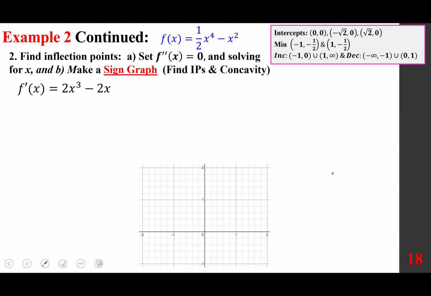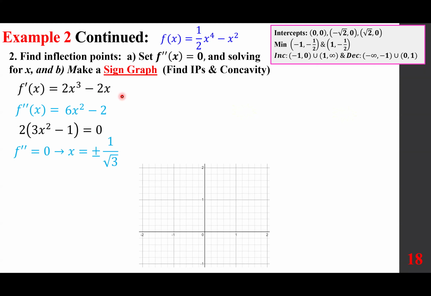All right. We are going to go with the inflection point. So I'm writing the function, its derivative, and everything we found in previous pages. F double prime is 6x squared minus 2. You set it equal to 0, and you get plus minus 1 over square root of 3.